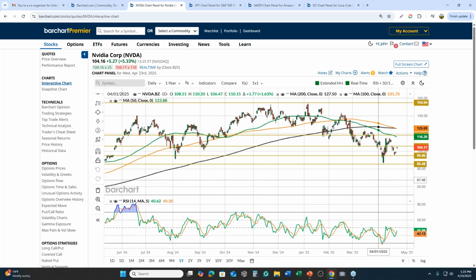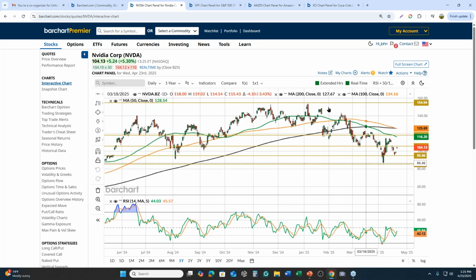What we see here is that our 50 is downsloping, our 200-day is downsloping, our 100-day is downsloping, and price is below our averages. Now, what we can maybe anticipate is that if we are looking at a mean reversion, then we could see price rally as high as, in this case, 116.20.